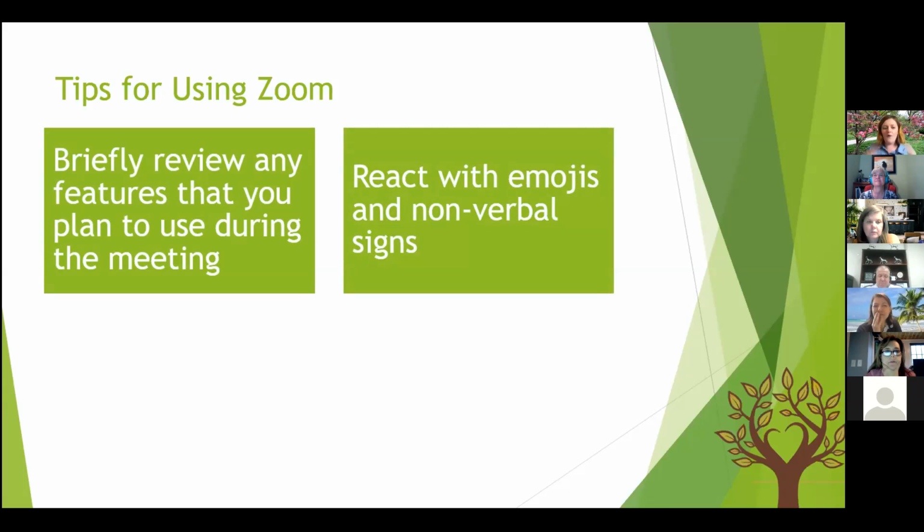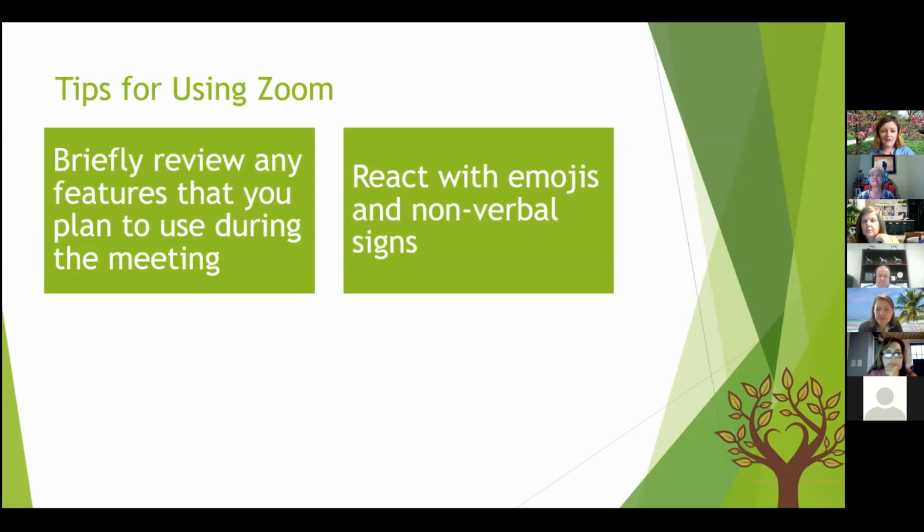So if you wanted to say, oh, I love that, you could do the American Sign Language for applause, kind of like the jazz hands for applause. And then like Adana is showing us, in Zoom they have reactions that you can use. Going into clicking on participants in your toolbar, you should have a host of options. If you click on more, you should be able to put your thumb up, put your thumb down, raise your hand and clap.